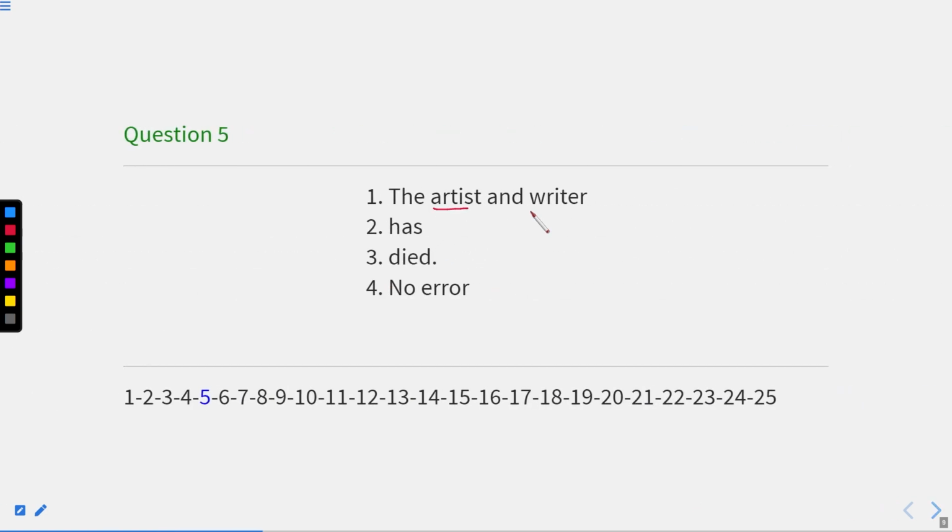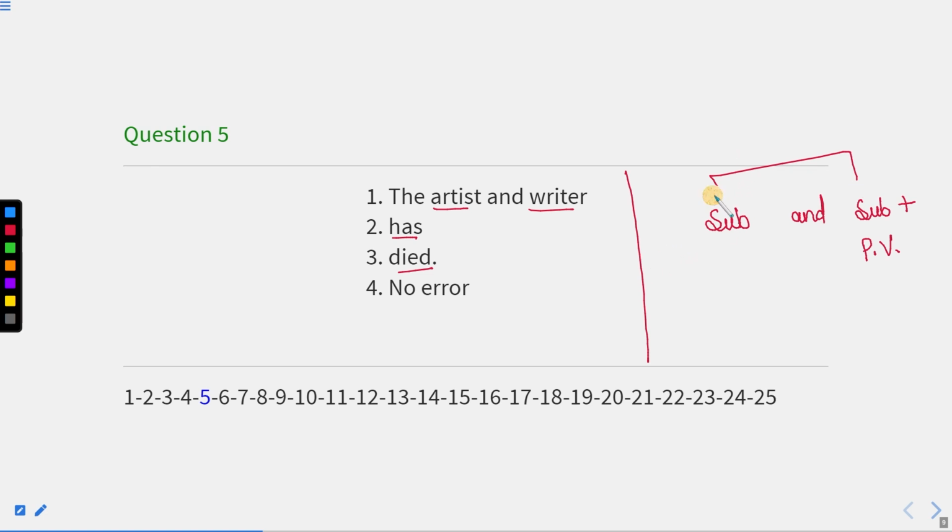The artist and writer has died. Now, whenever we have two subjects, subject 1 and then subject 2, we used to write a plural verb after it, but it should mean that these two subjects are different.